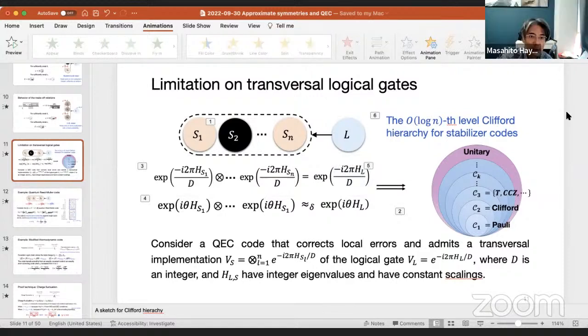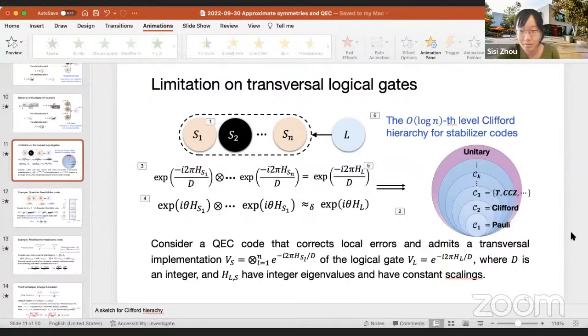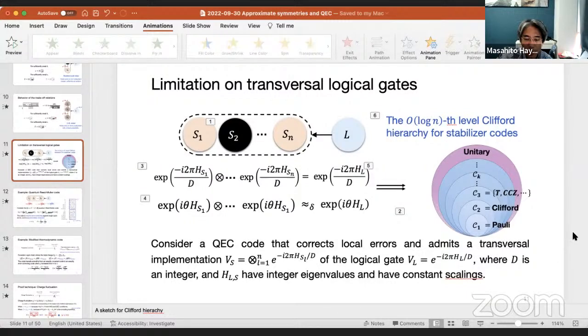Yes, limitation of transversal logical gates. So in the slide you consider this. So your method works with that kind of higher hierarchy.